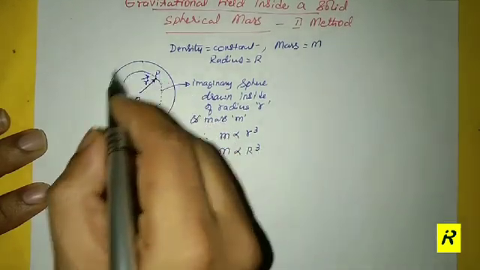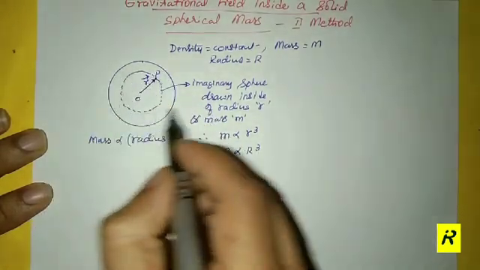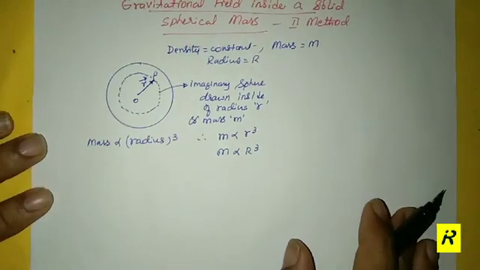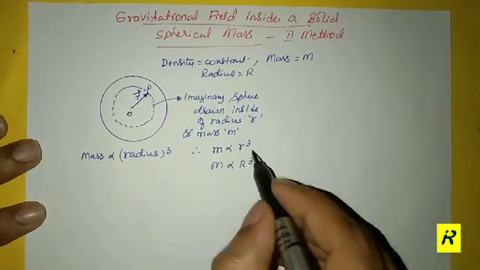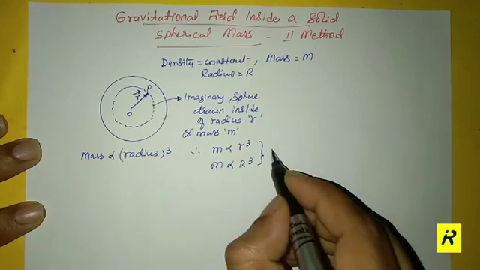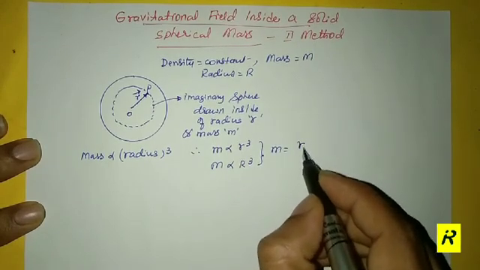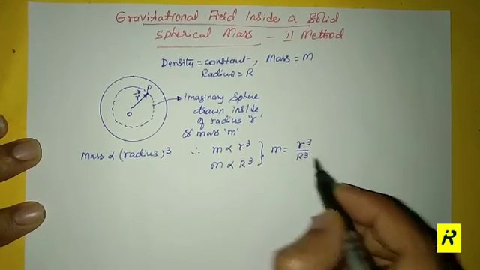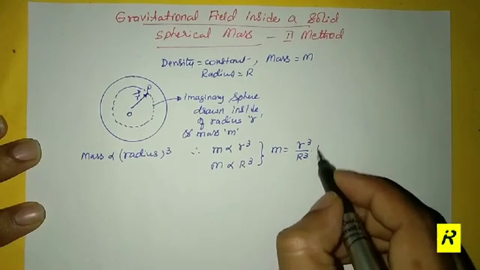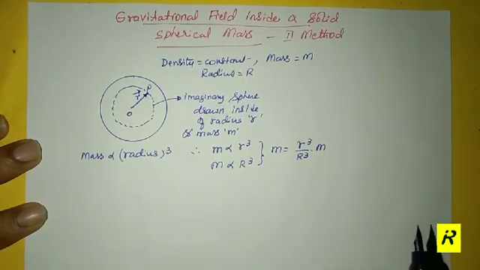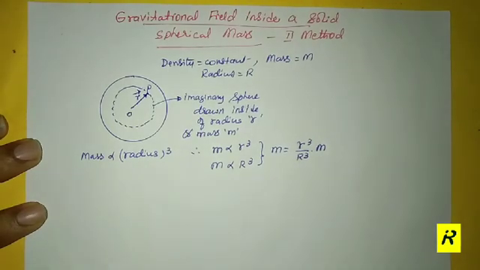R capital is the radius of the bigger sphere whose mass is M capital. Right, so now I am dividing these two terms. So what I can write, m is equal to r cube divided by R cube into M, that is, capital letter M, which is mass of the bigger sphere.